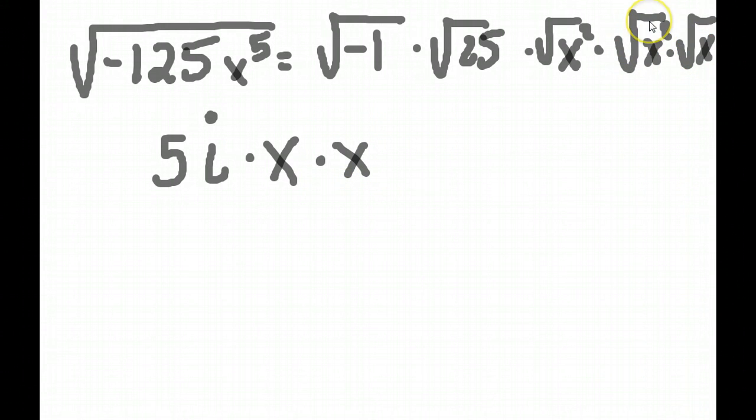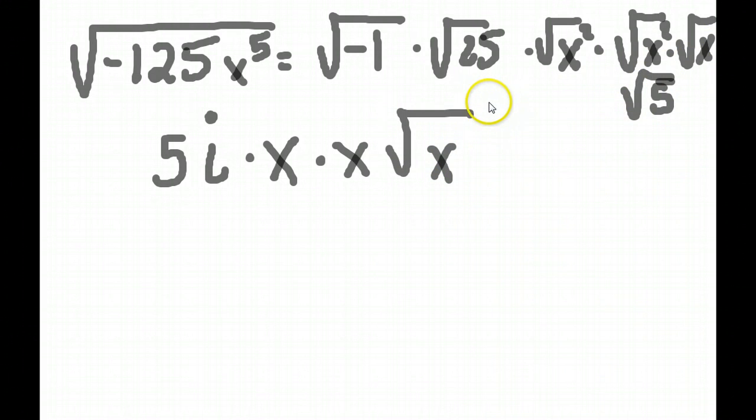So that cannot be pulled out of the radical sign. So we have square root of x. And then the last piece is times square root of 5, because 25 times 5 is 125. So what I have now is 5i times x times square root of x times square root of 5.